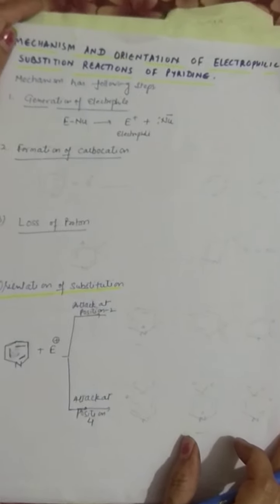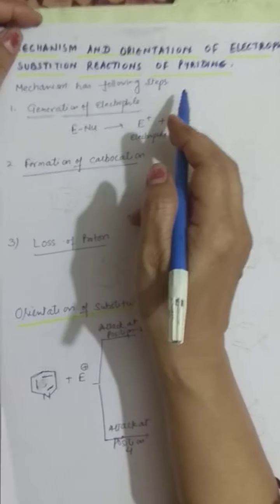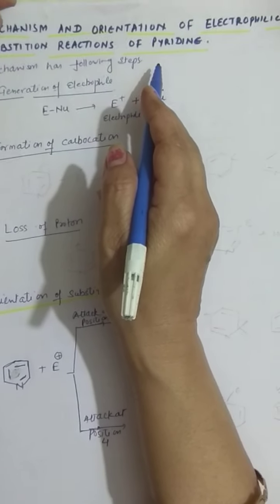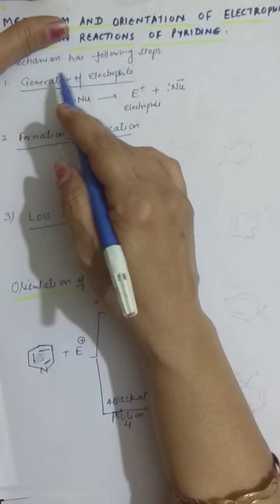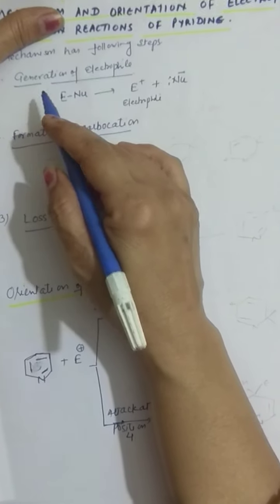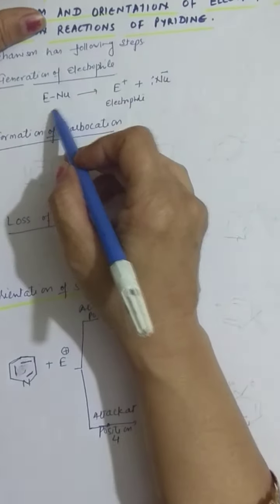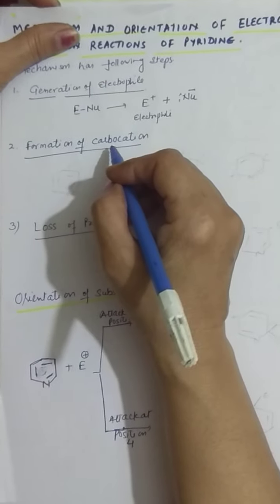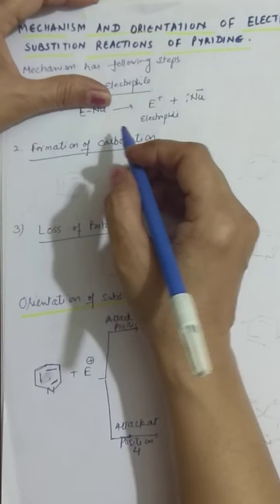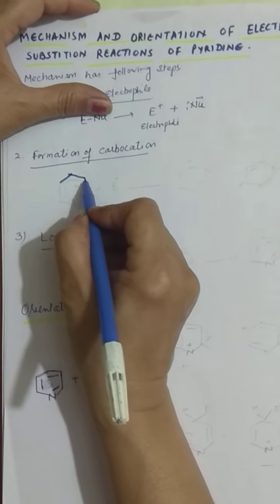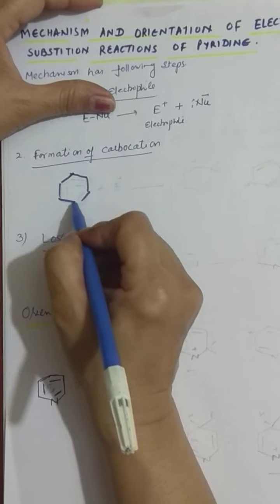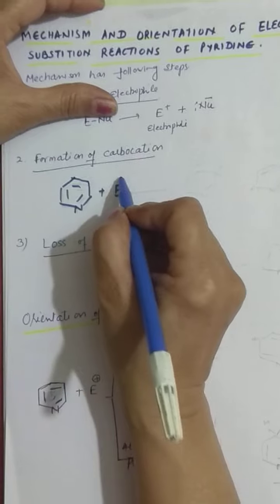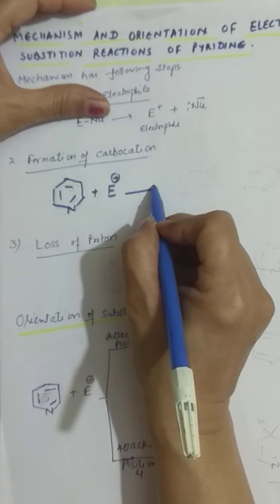So let's do the mechanism and orientation of electrophilic substitution reactions of pyridine. As you know, the mechanism has 3 steps. The first step is formation of the electrophile. The second step is formation of the carbocation. So let's explain it. We take the pyridine, and the electrophile will attack at position 3.